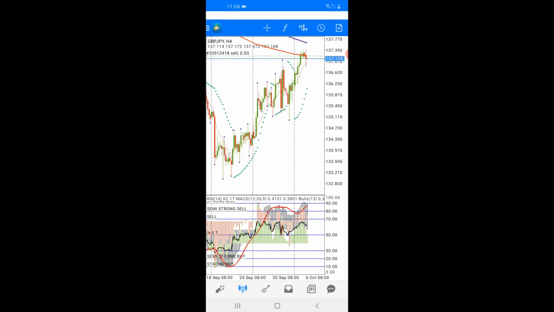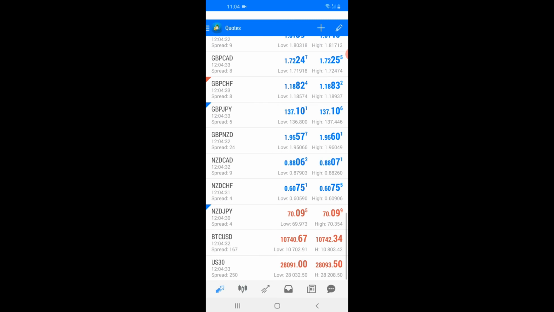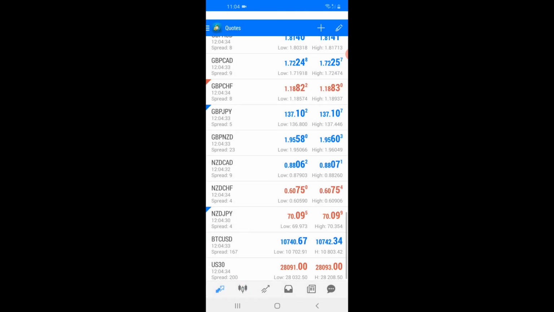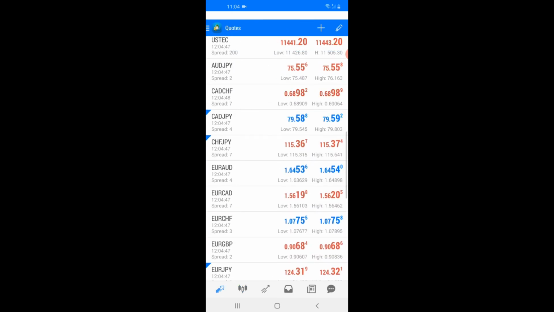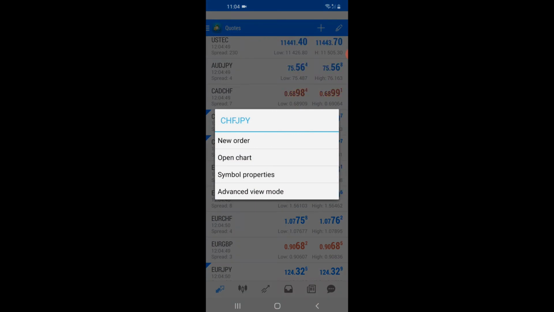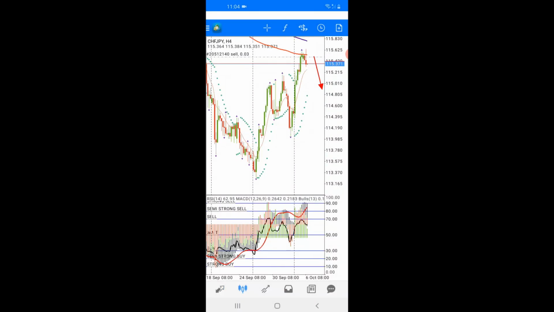The 4 hours chart. Let's go to a different candlestick. Euro JPY. You see the same thing is playing out here. Let's go again to another chart. You see Swiss JPY. The same thing played out in this place.